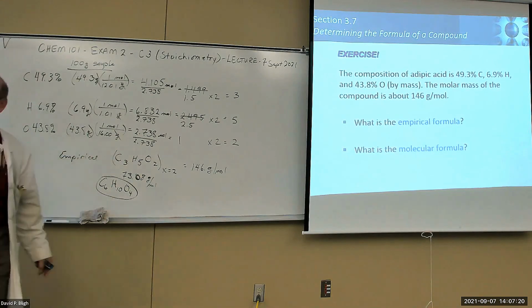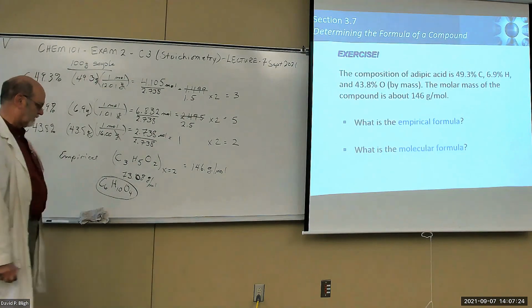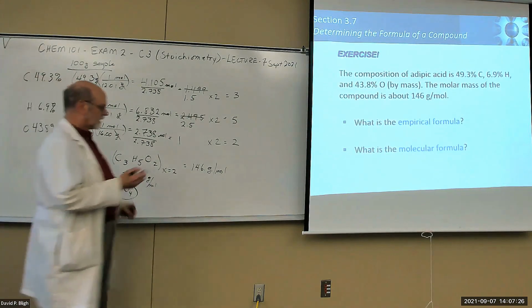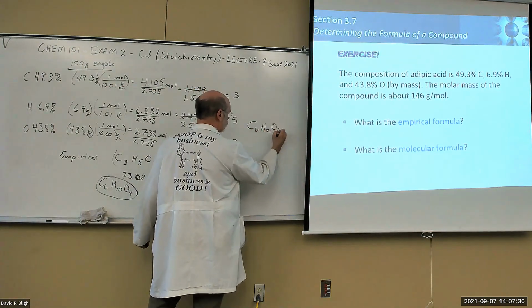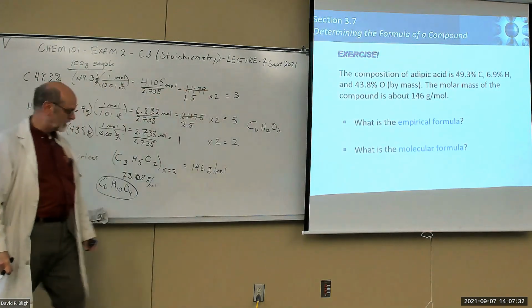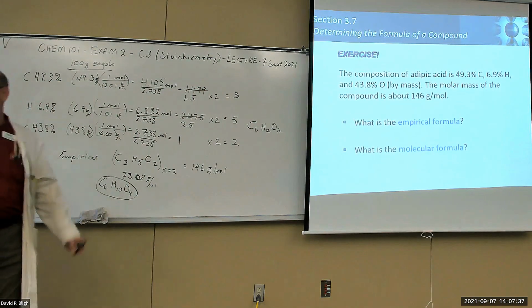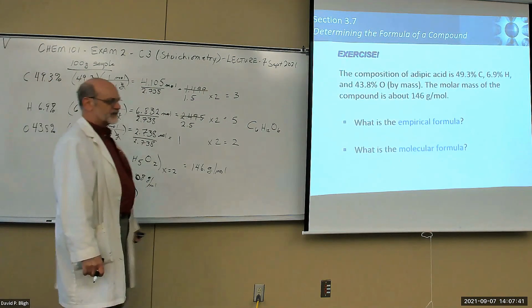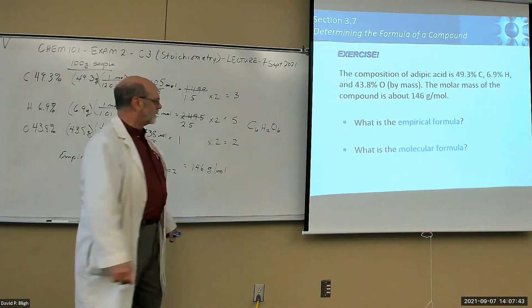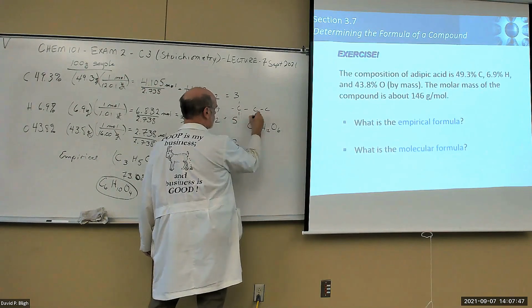Does that make glucose? I don't think so. Glucose is C6H12O6. I'm not sure what that is. Well, we know what it is. It's adipic acid. That's a fatty acid. I'm not sure how many carbons it is. It's been a while for me. But it has so many carbons strung out like this with hydrogens all around it.